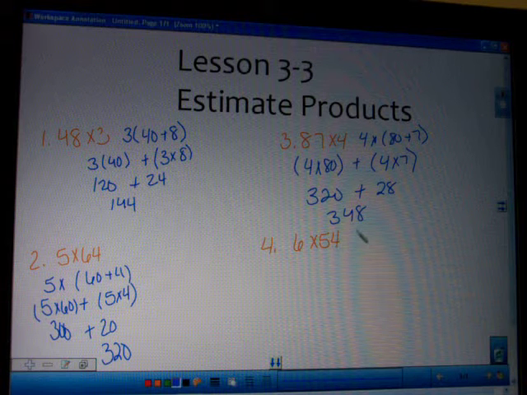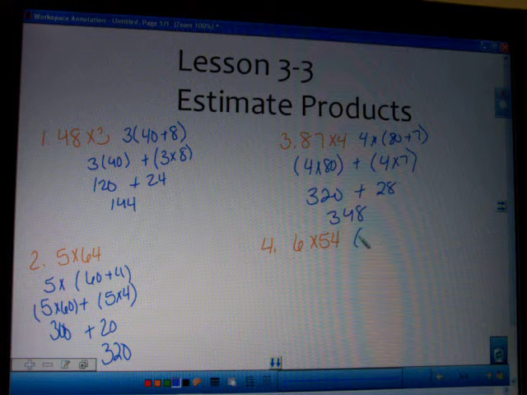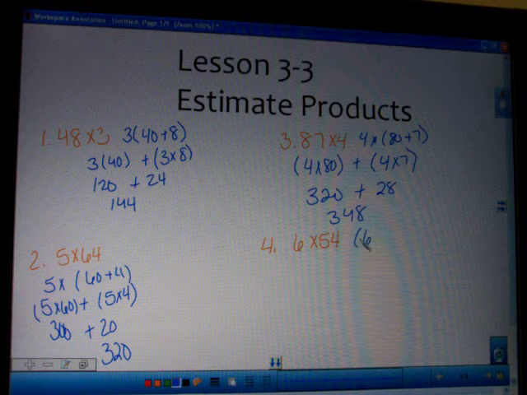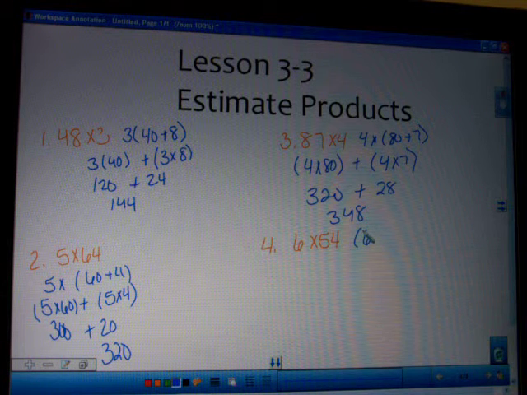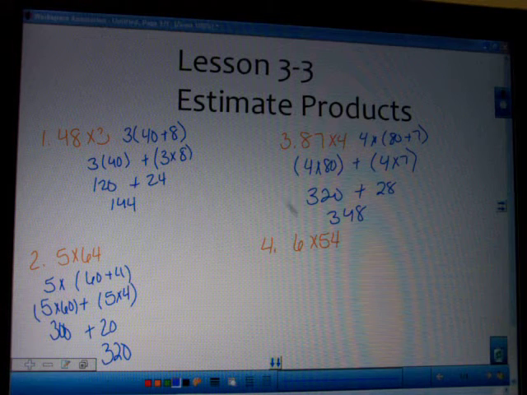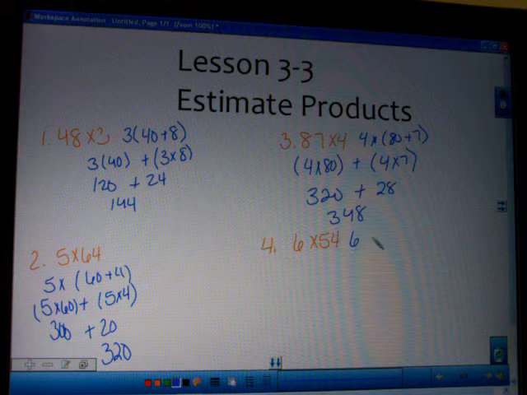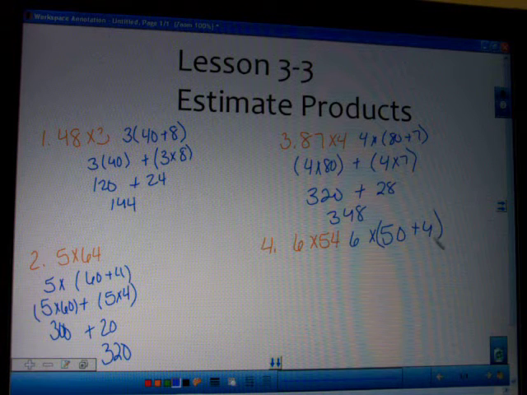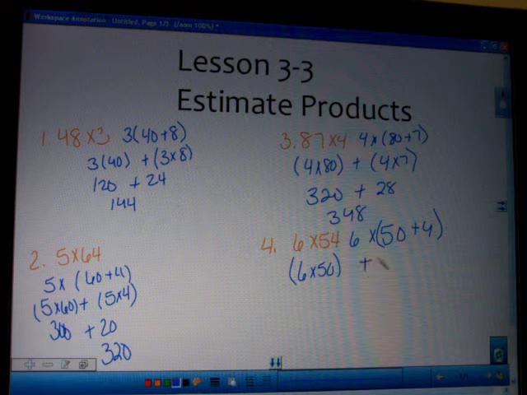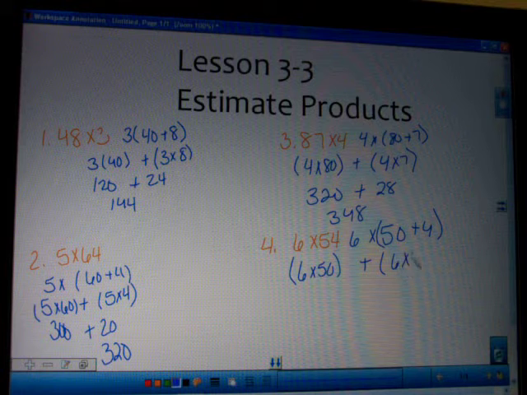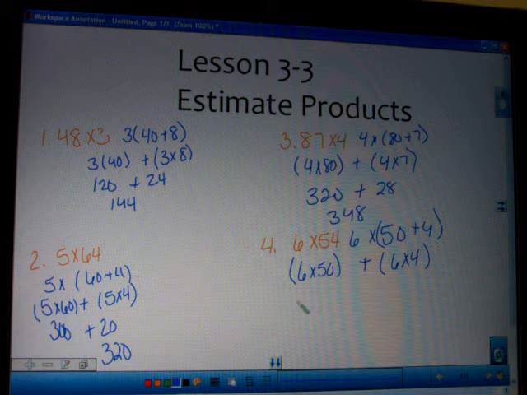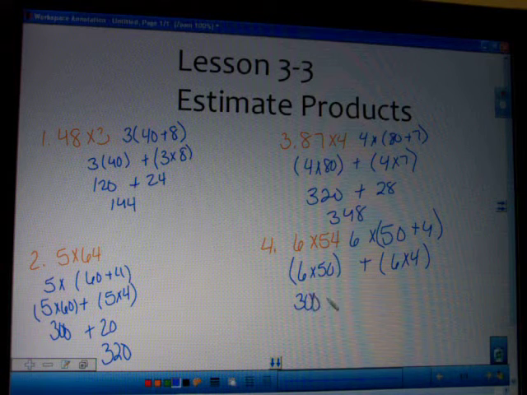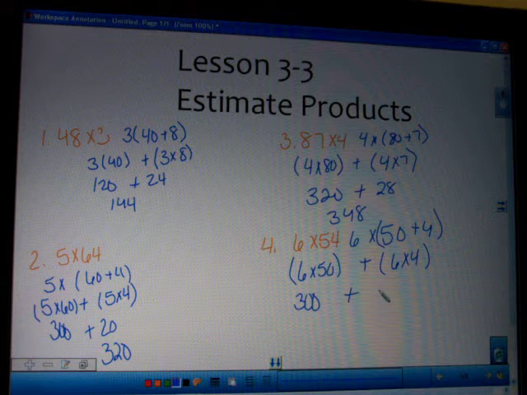Now for 6 times 54, let's try this again. 6 times 50 plus 4, and then we're going to rewrite it so it's 6 times 50 plus 6 times 4. 6 times 50 is 300, plus 6 times 4, which is 24.